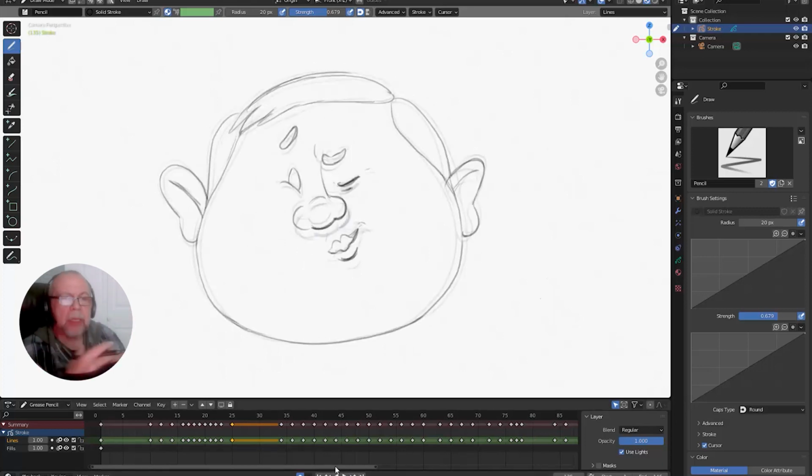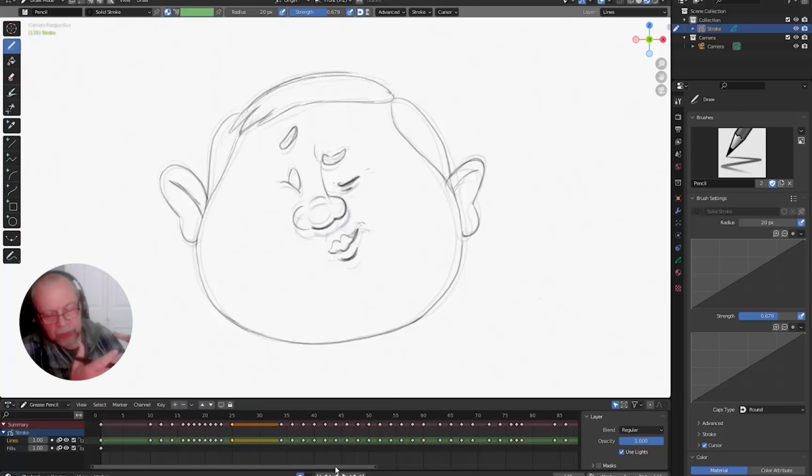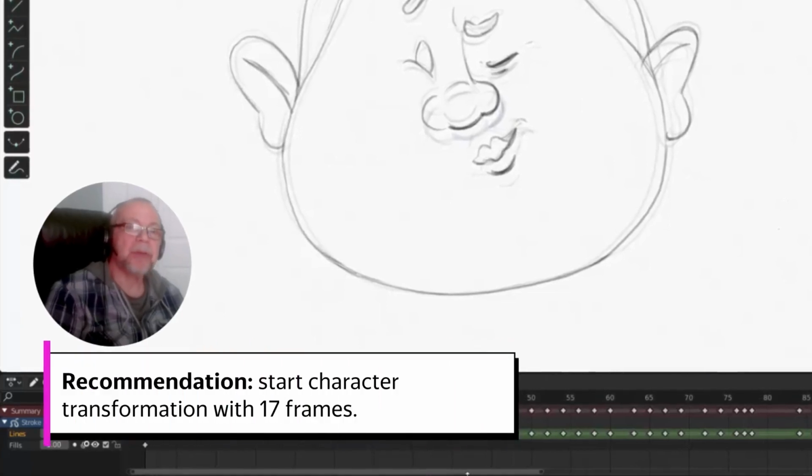You have to decide how many frames you will do for the transformation. Like 17 frames from one phase to another. And believe me or not, you can use it for the beginning. After that, you can adjust it because some transformations need to be faster, some slower, but start with 17 frames.